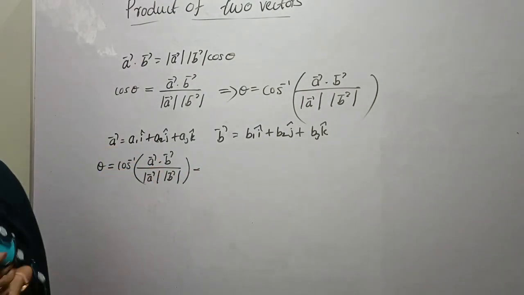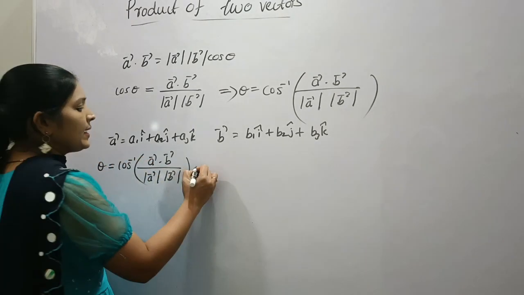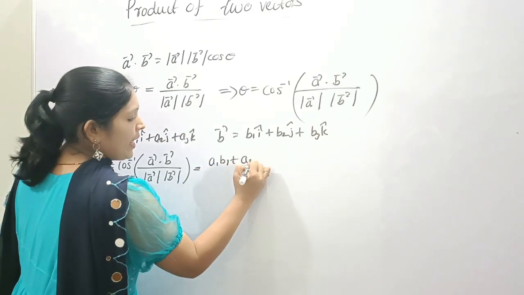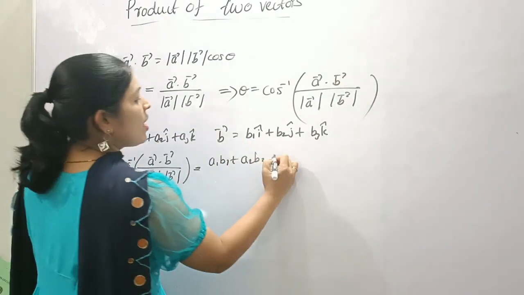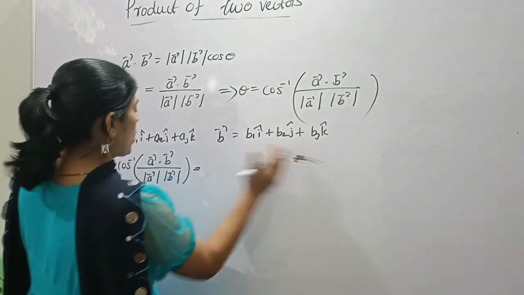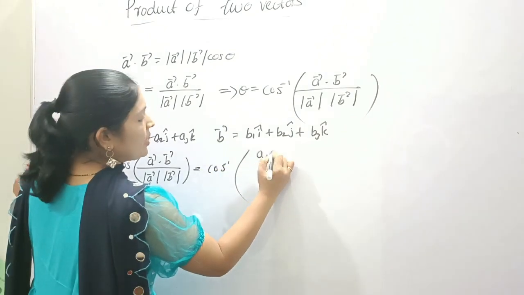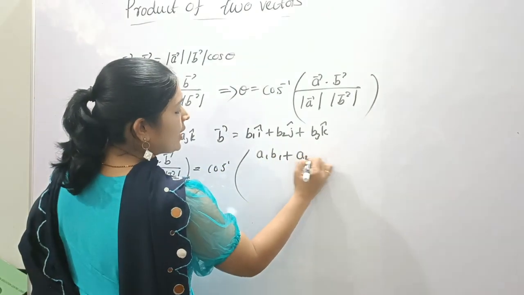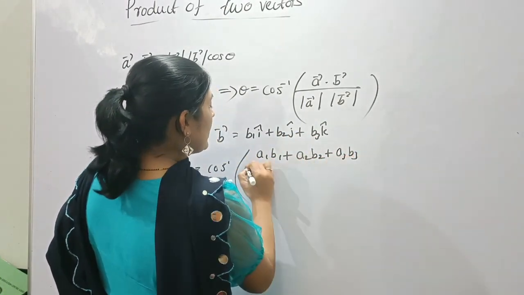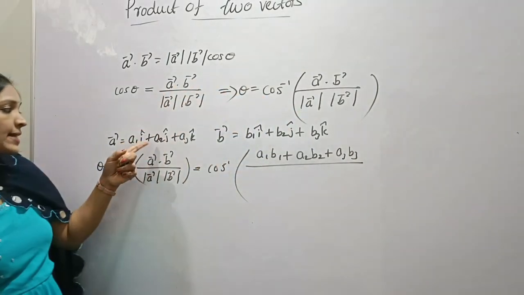What is vector A dot vector B? That is scalar product in component form. That is a1 b1 plus a2 b2 plus a3 b3. So theta is cos inverse of a1 b1 plus a2 b2 plus a3 b3 divided by modulus of vector A. Vector A is equal to this one.